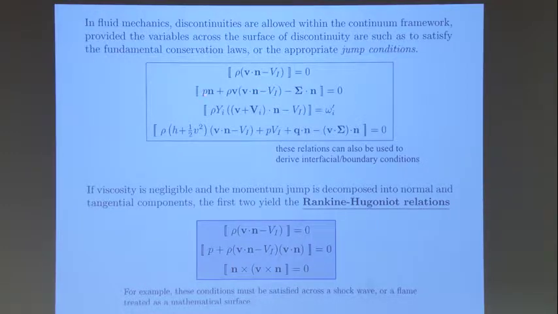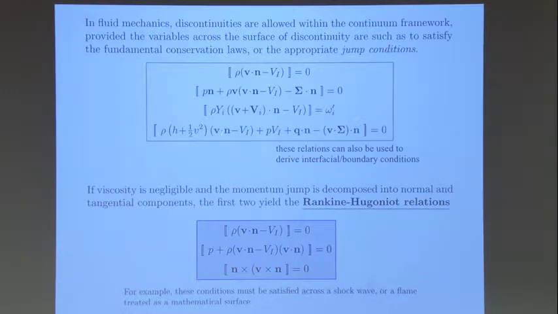If you dot it with n, you get n dot n, so you get the normal contribution of change in momentum across the interface. So you get P, plus here you're going to get rho v dot n times this, equal to 0. This is the normal contribution. It tells you that the pressure change is related to the normal momentum change in and out.